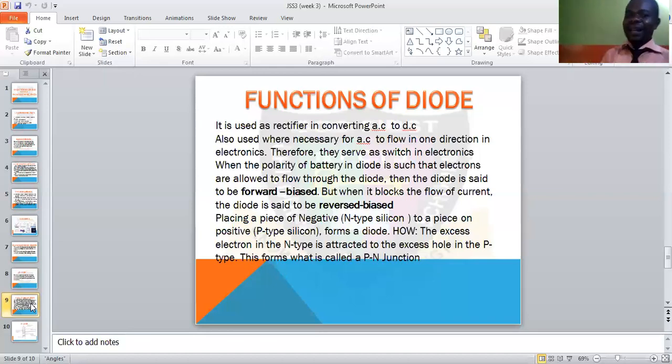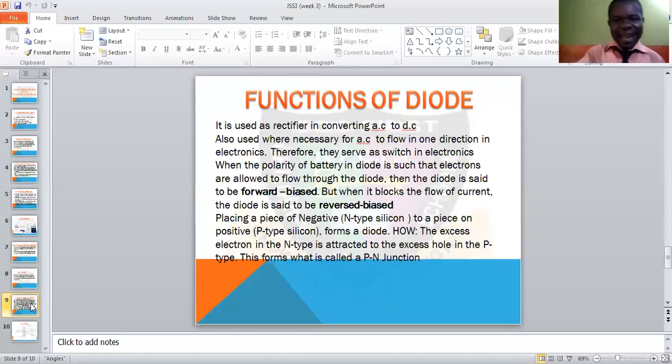If you place N-type silicon and P-type silicon side by side, the two of them will form a diode. How do they do this? The excess electrons in the N type attract the excess holes in the P type.